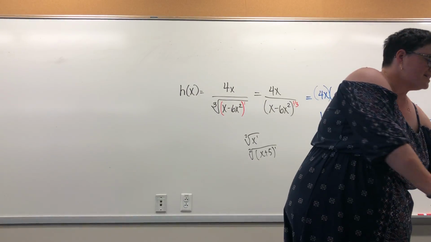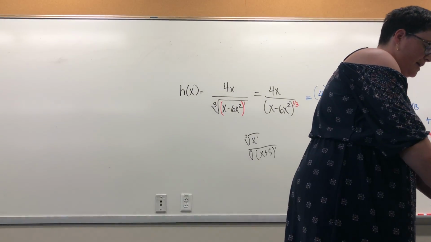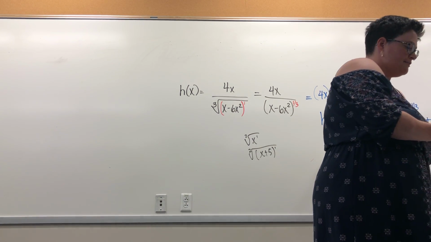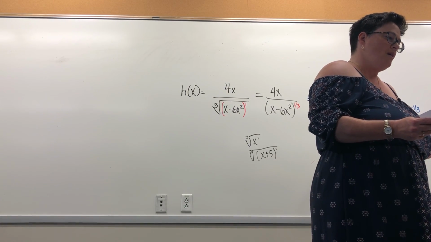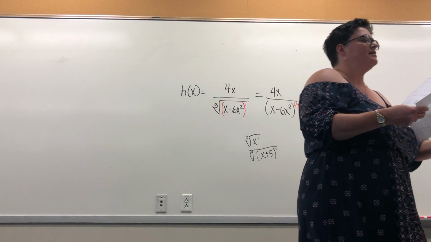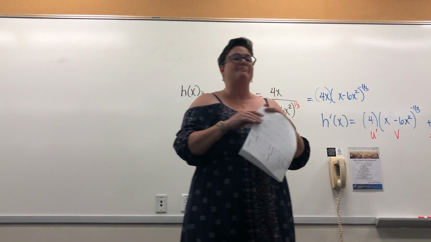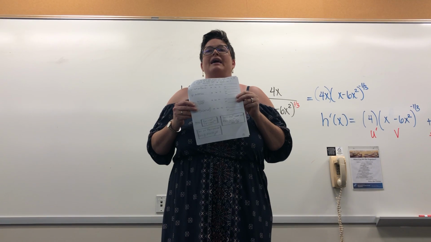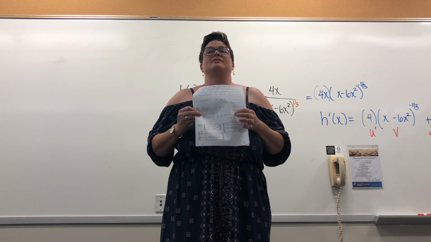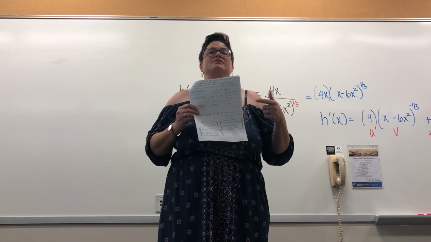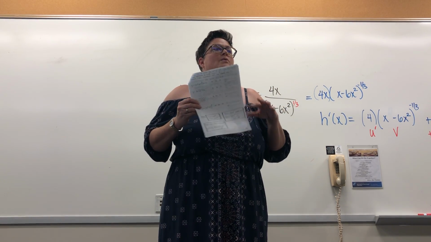So on this handout, guys, flip to the second to last page, and all I want you to do is tell me if it's globally a power, quotient, or product and where my U and my V are going to be located, because they're going to be in there somewhere. You're going to have either a power and a product or a power and a quotient, one way or another.